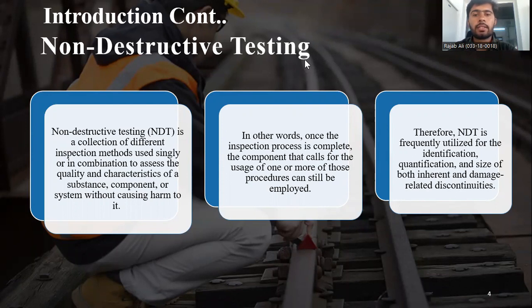In other words, when we do destructive testing, we cannot utilize that material any more. But in non-destructive testing, we can still employ it. Therefore, non-destructive testing is frequently utilized for identification, quantification, and sizing of both inherent and damage-related discontinuities.